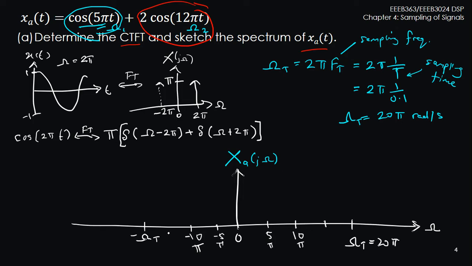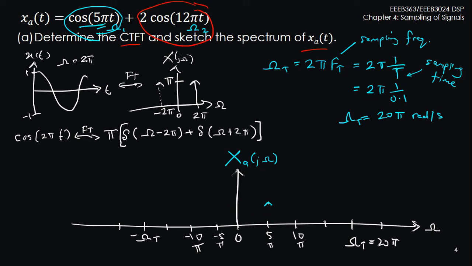So 5 pi would be here. I think you get the picture. I'll just put a few more scales here and there. Because then you can easily see that with cosine 5 pi, you will end up with a pulse located at 5 pi. That's one pulse.